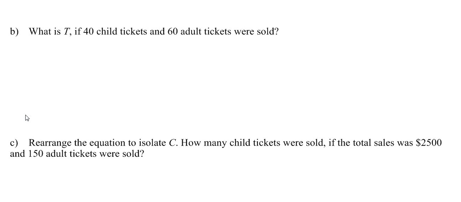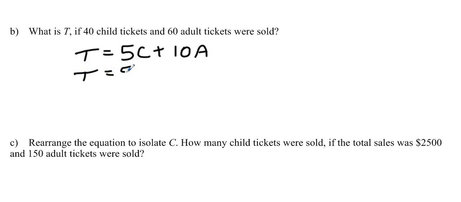What is T if 40 child tickets and 60 adult tickets were sold? All right, so we had an equation T equals 5C plus 10A. So we're being told that 40 child tickets were sold, so that's C, and 60 adult tickets were sold.